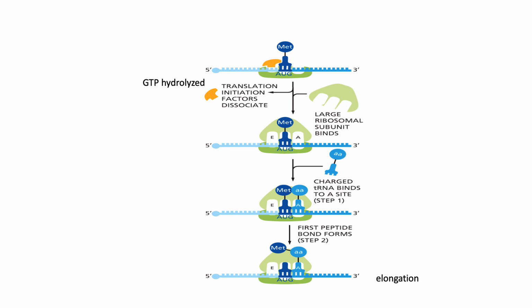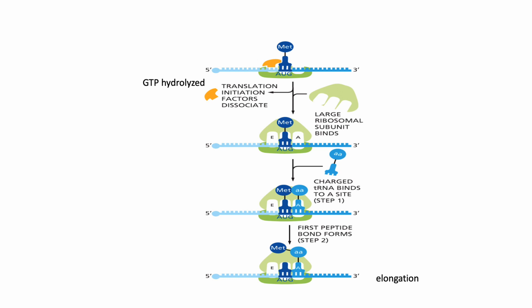And then you have the binding, at that point, the binding of the large ribosomal subunit. So once that happens, you have the messenger RNA in there, and amino acid in the P site, although it's not a peptidyl tRNA, it's the methionine initiator tRNA. Now it's beginning to look very much like what we saw before.